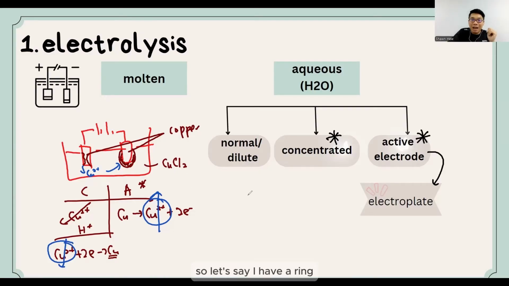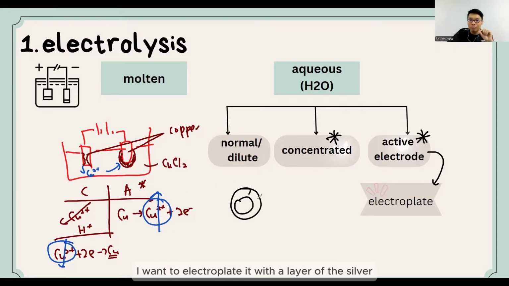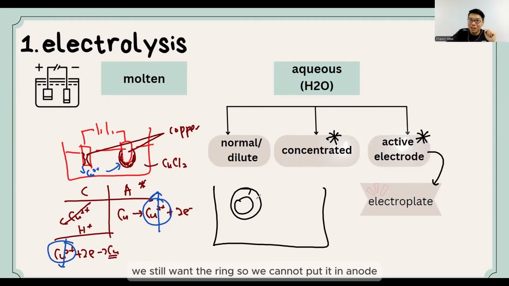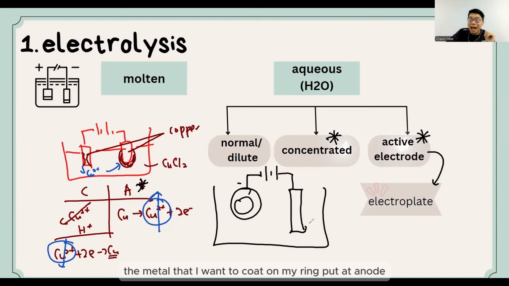So let's say I have a ring. I want to electroplate it with a layer of silver. We still want the ring, so we cannot put it at anode because anode itself will change to ion. You wouldn't have the ring anymore. So that's why this ring you must attach to cathode, the negative part. The metal that I want to coat on my ring, put at anode. Let's say I want to coat it with silver, so silver is put at anode.